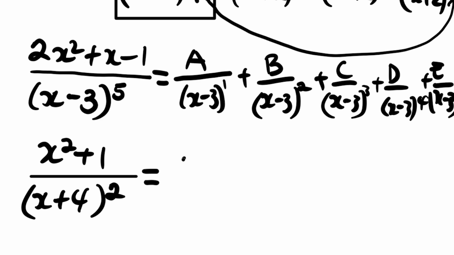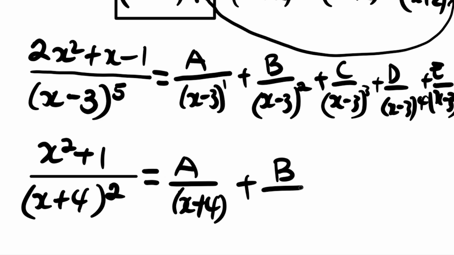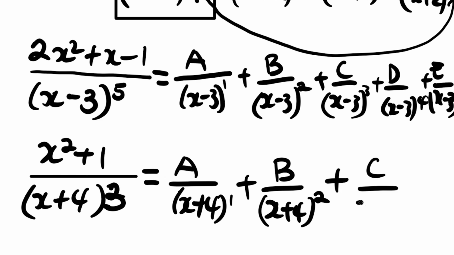It's going to be equal to A over x plus 4, plus B over x plus 4 to the power 2, because this one is 1, this one is 2. If this one was to the power 3, then I would have continued and said C over x plus 4 to the power 3. So you have to make sure that you repeat the same factor, but then the powers start from 1.